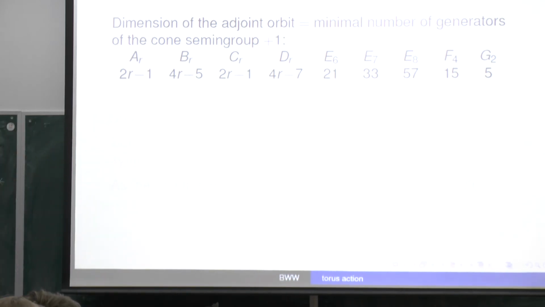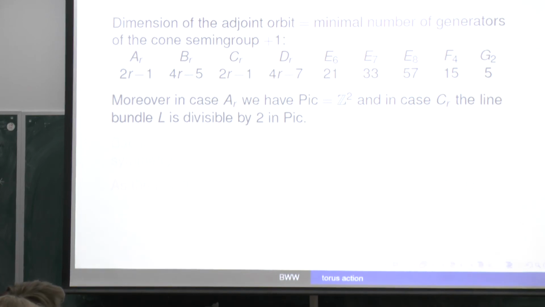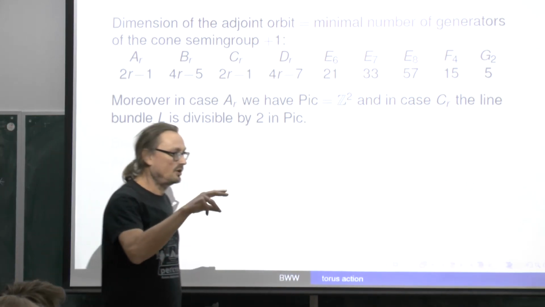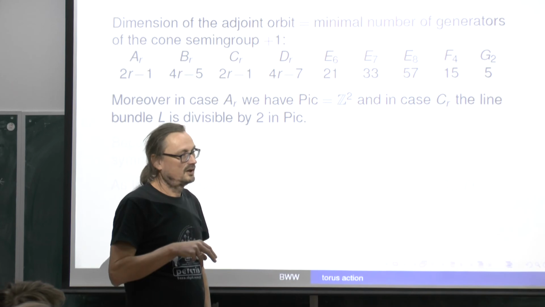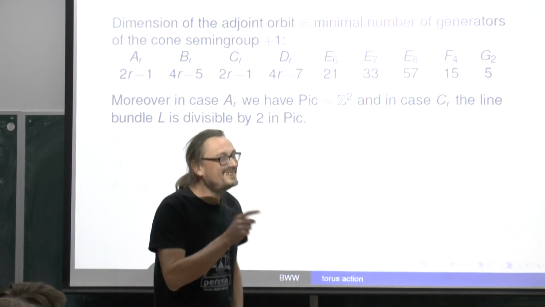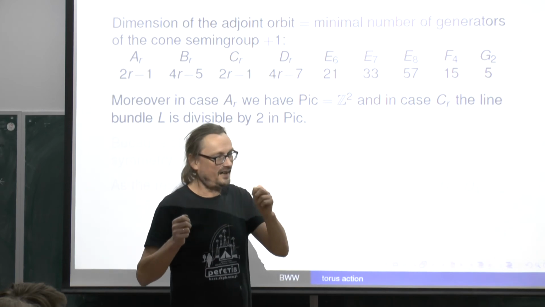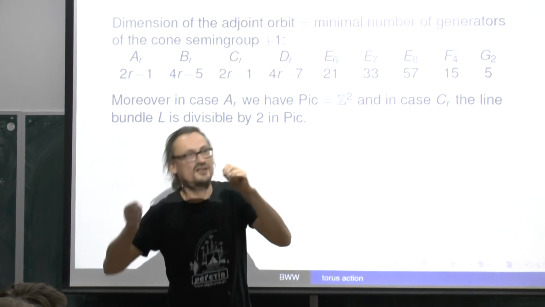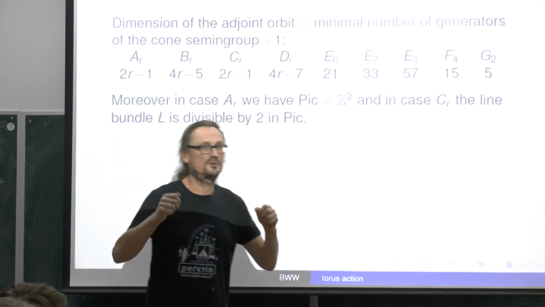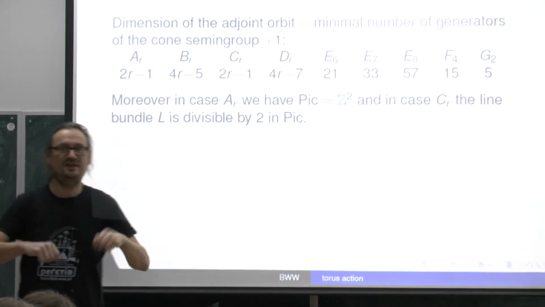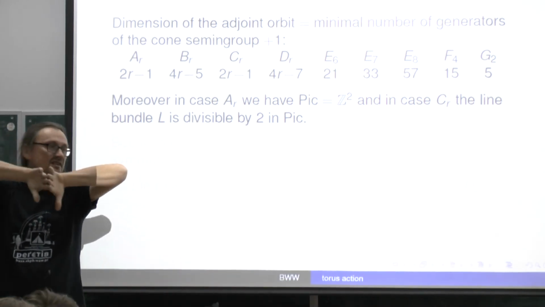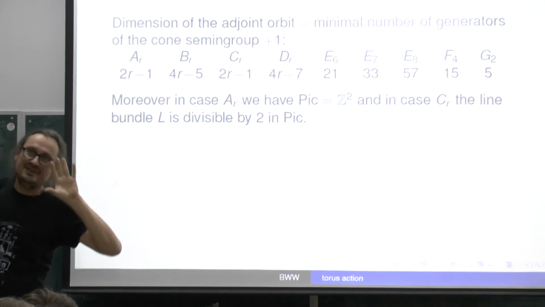Then, incidentally, in most of these cases, if you take the root polytope, then if you look at the classification of the simple Lie algebras or Lie groups, there are two cases which behave slightly differently.